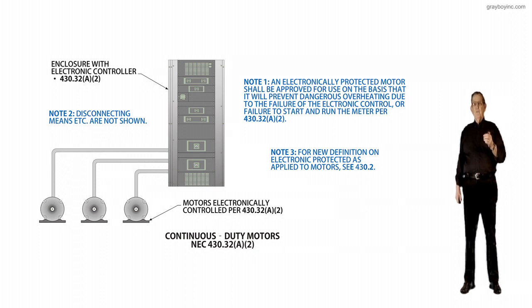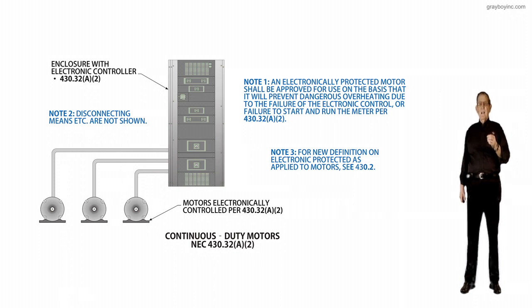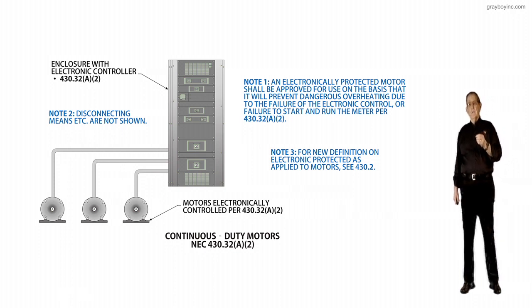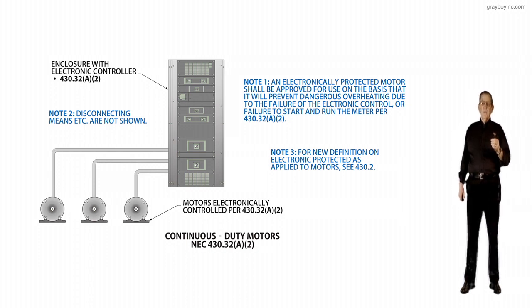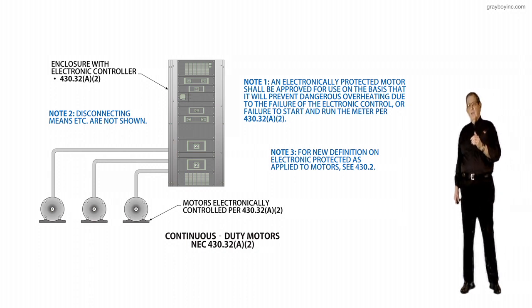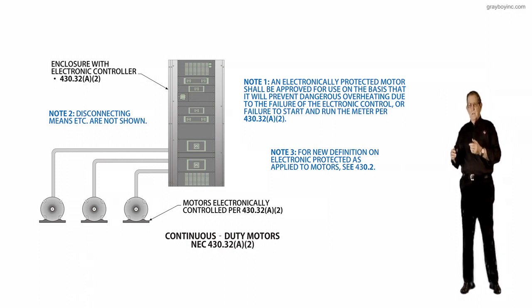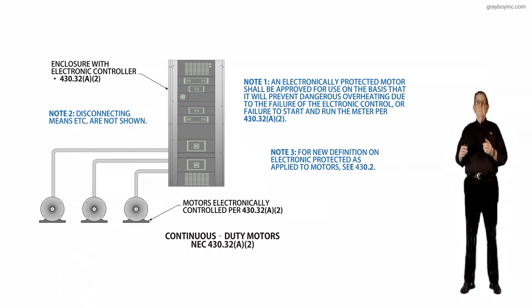If in future revisions of NFPA 70, the NEC, electronically protected motors are written in other articles, this definition would be moved to Article 100 because it appears in 2 or more articles in the NEC.